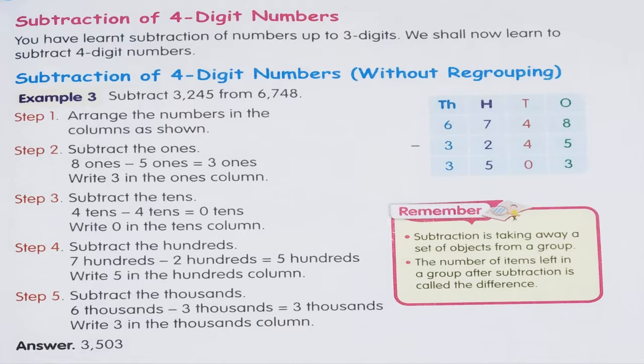स्टेप 3. सब्ट्रैक्ट द टेंस. 4 tens minus 4 tens equal to 0 tens.